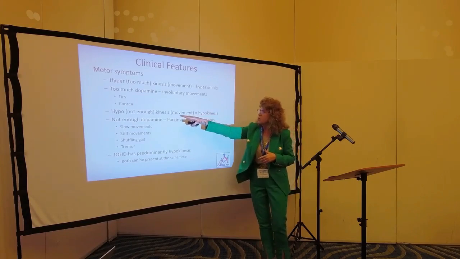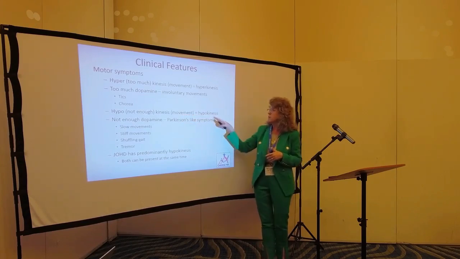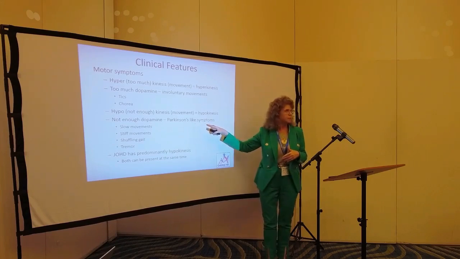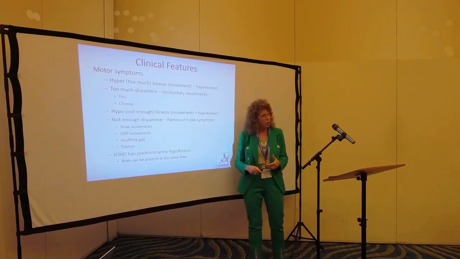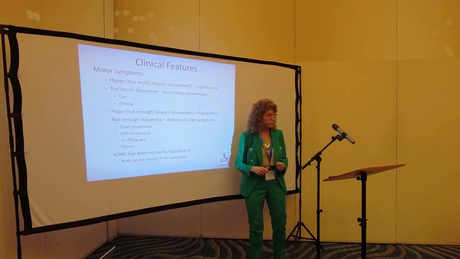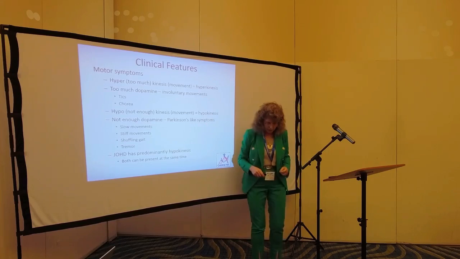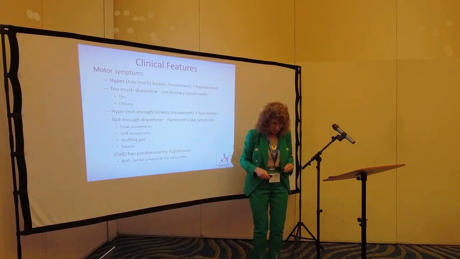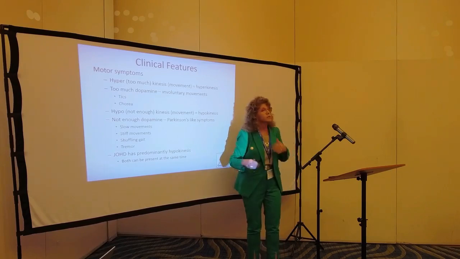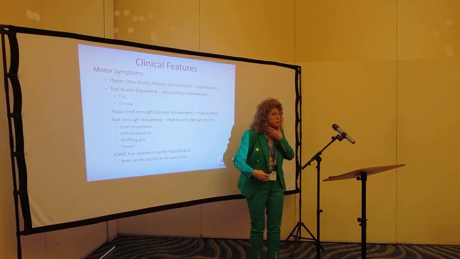And then hypo, not enough, kinesis, hypokinesis. And that's like Parkinson-like symptoms. So it's slow, stiff, shuffling, can be a tremor, right? And that can manifest not only in the body, but also in speech, right? Slow, stiff.